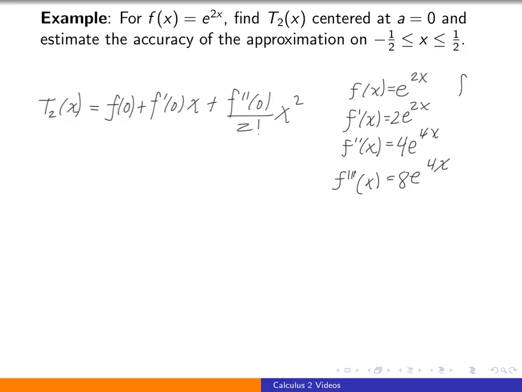Furthermore, f of 0 is equal to 1, f prime of 0 is equal to 2, and f double prime of 0 is equal to 4.